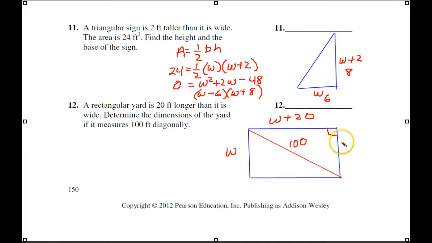This base over here is also W, so we'll look at it this way. So W squared plus W plus 20 squared equals 100 squared. So you expand this, combine like terms, transpose this, equal it to 0, put it in standard form, and those are your answers.